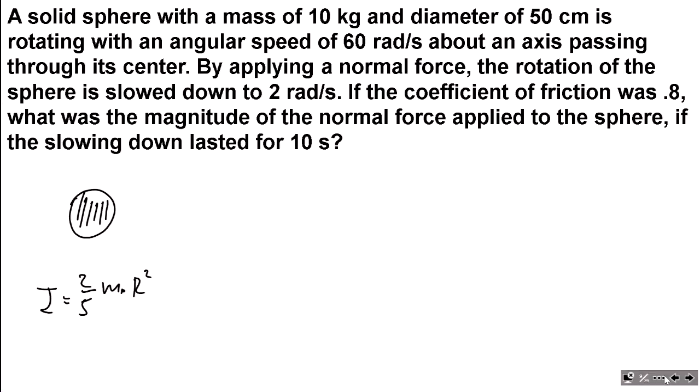And if we want to, we can calculate it immediately because we know the mass, 10 kilograms, the distance, 1/2 meter. Okay, and the initial angular velocity is equal to 60 radians per second.